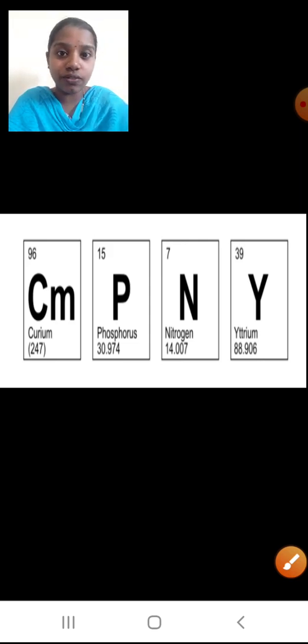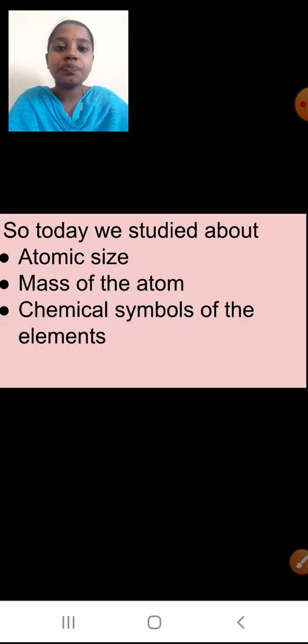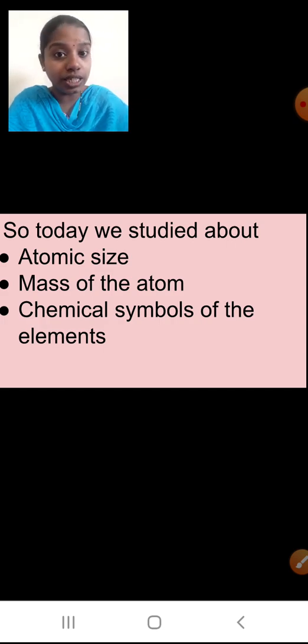Okay, symbols you have understood. Now, today we studied, we have come to the end of our presentation. What we have studied, we'll just revise. Atomic size you saw, depending upon the nucleus. Then we saw the mass of an atom. Again, it is depending upon the nucleus, but inside the nucleus the number of protons and neutrons.